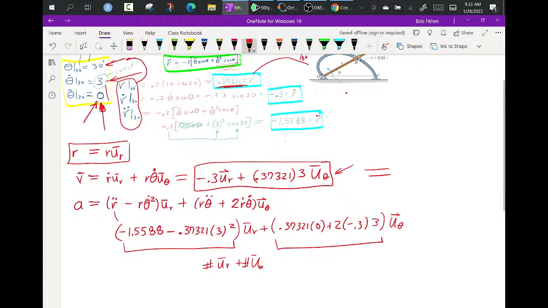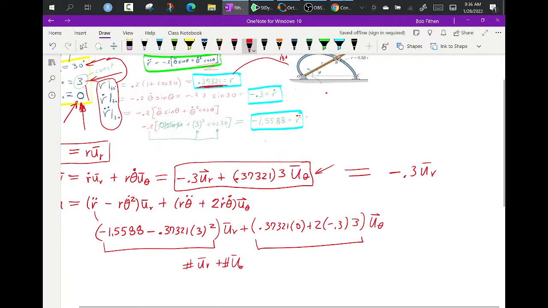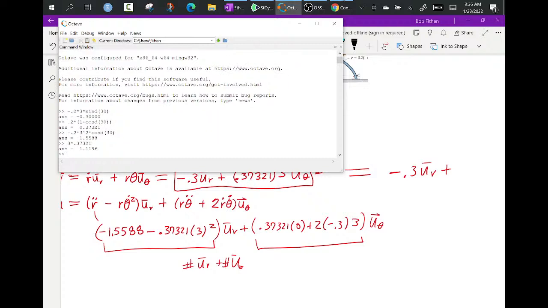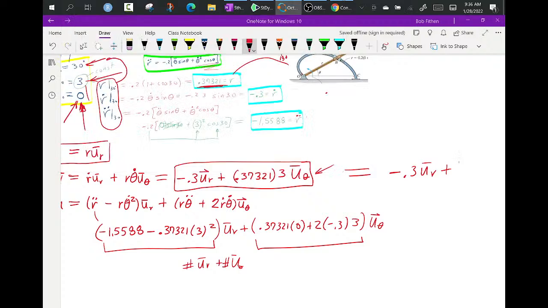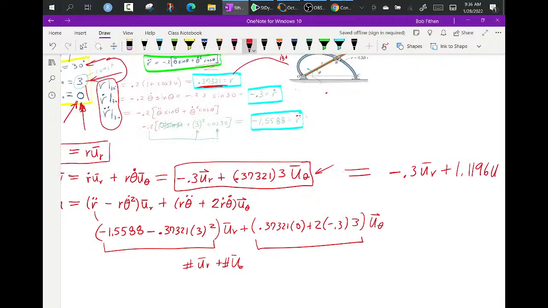Okay, so obviously the first one is 0.3 UR. And the second one is 3 times that other number. Uh-oh, wait a minute. 3 times 0.37321 is 1.1196 U theta.